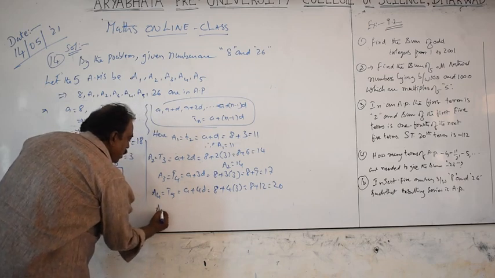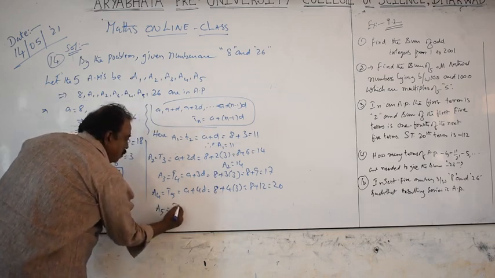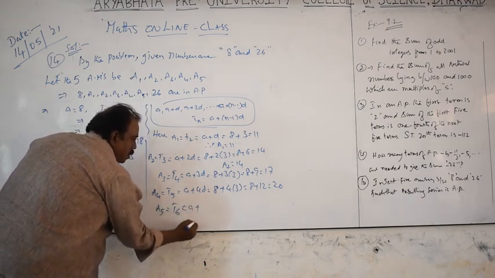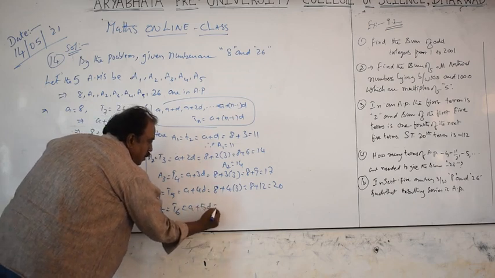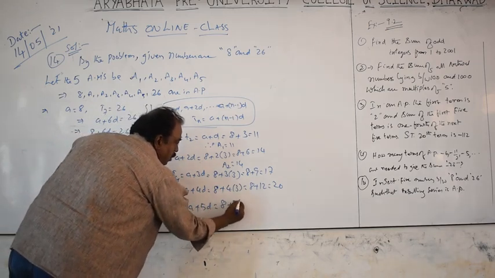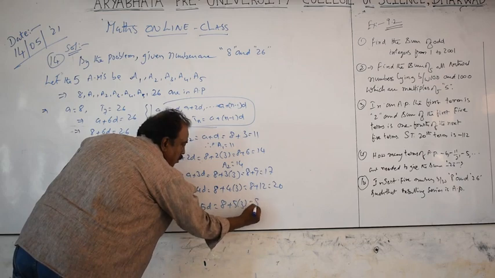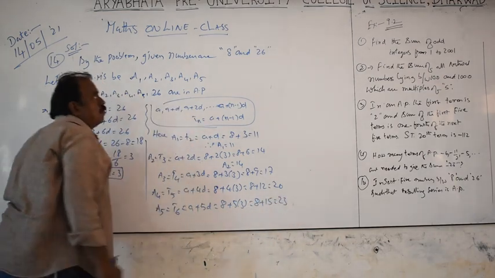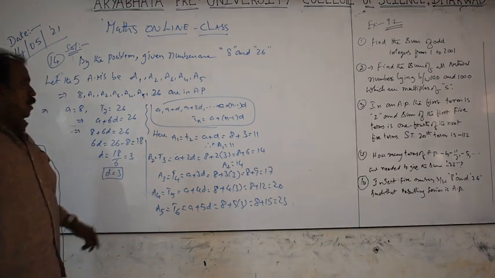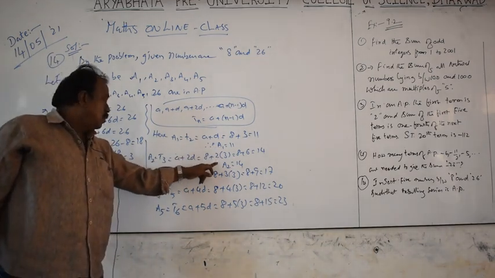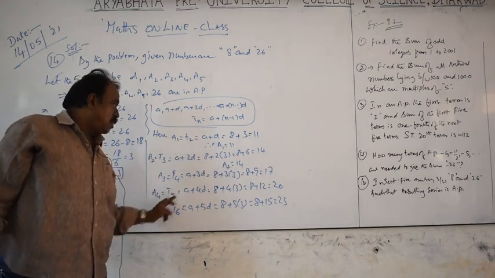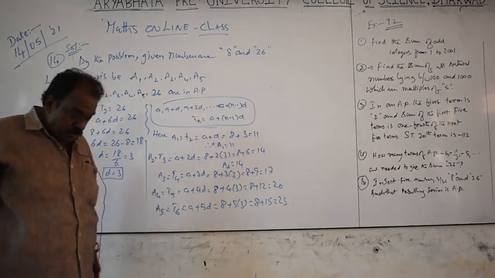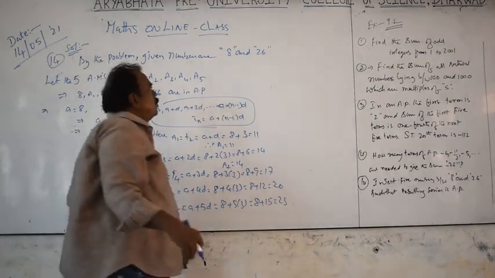Again, A5 means T6, A plus 5D is equal to 8 plus 5 into 3. It is 8 plus 15 is equal to 23. So A1, A2, A3, A4 and A5 are the 5 AMs.